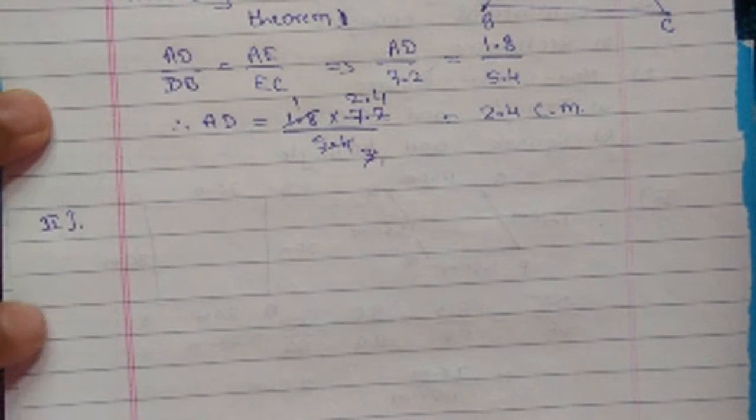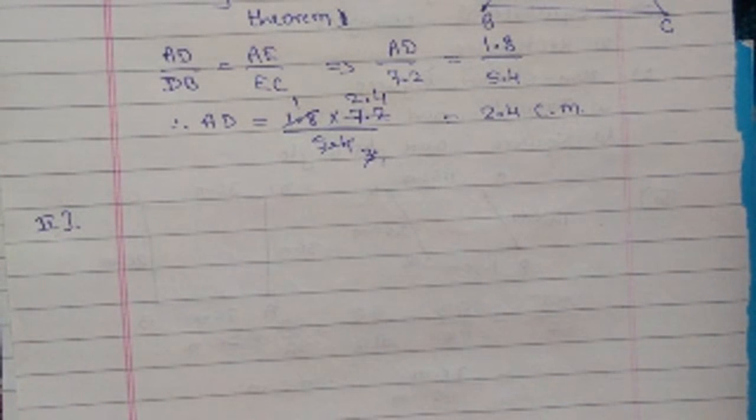In the second one it is given that E and F are points on the sides PQ and PR respectively of a triangle PQR.